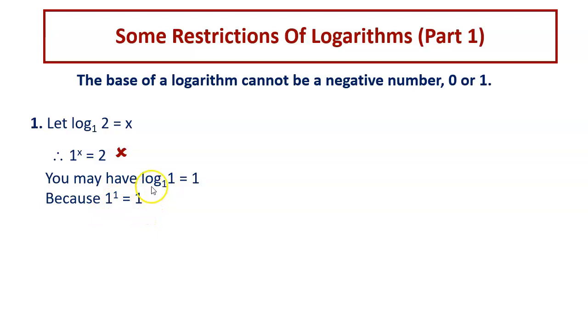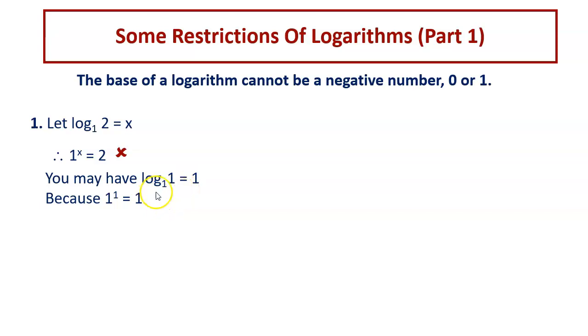In fact, log of 1 to whatever base you take is equal to 0, because if we have log of 1 to the base x equal to 0, that makes sense: converting to an exponential equation, it is x to the power of 0 equal to 1, and any number raised to the power of 0 is equal to 1. So log 1 to any base is equal to 0.